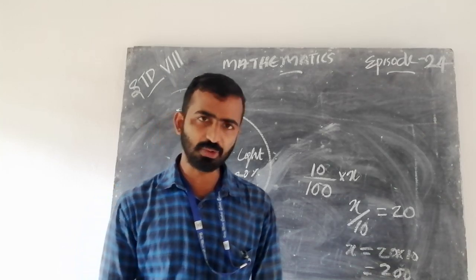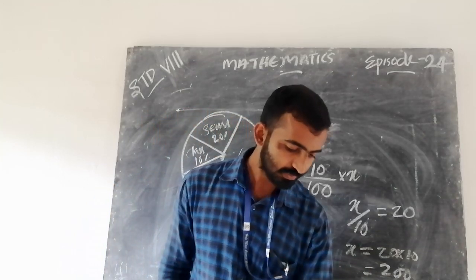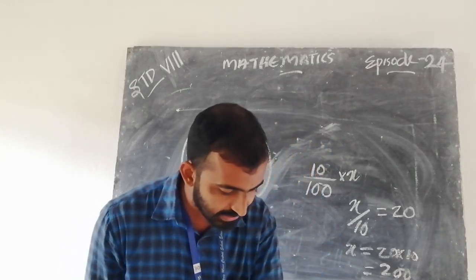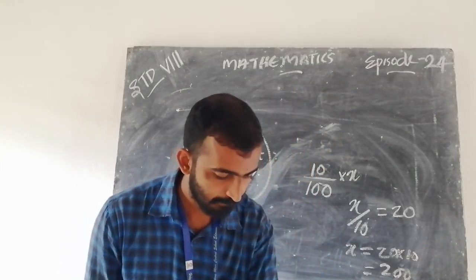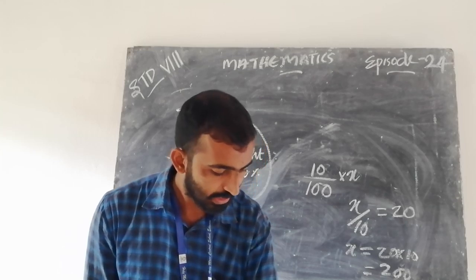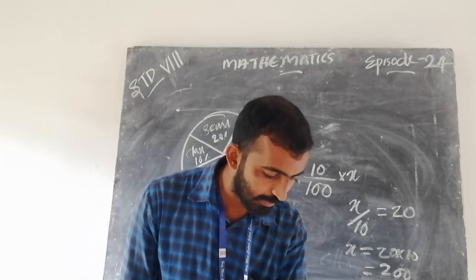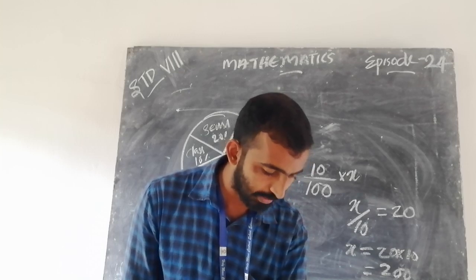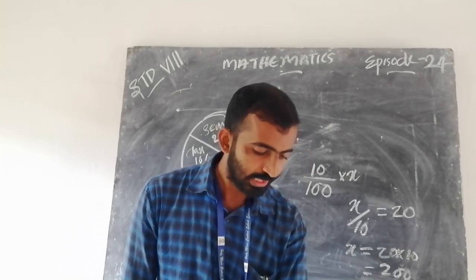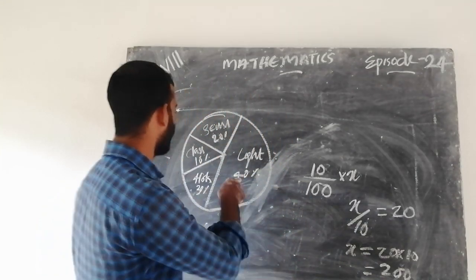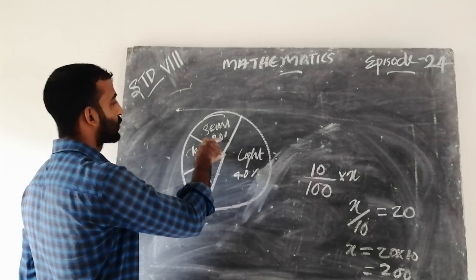And second question is, which type of music is liked by the maximum number of people? Here we have 40, 30, 10, 20.